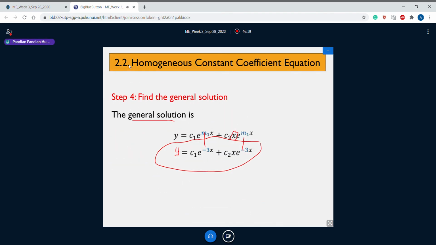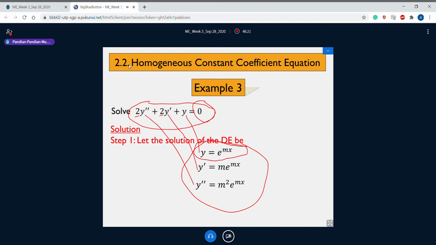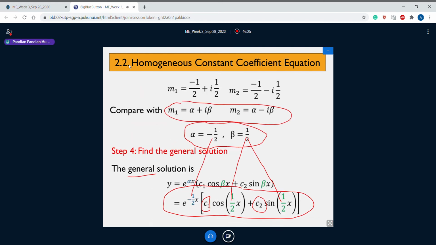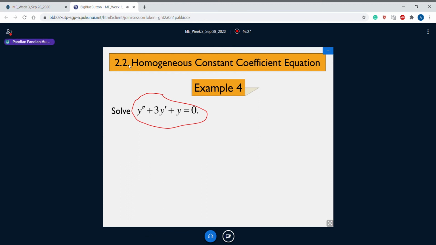So you can try to solve all these problems again by yourself, especially example 4. So example 4 is a good exercise, and I already gave the solution, but still you can try by yourself.